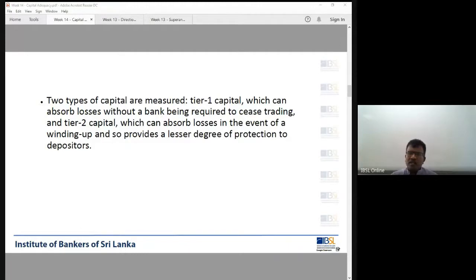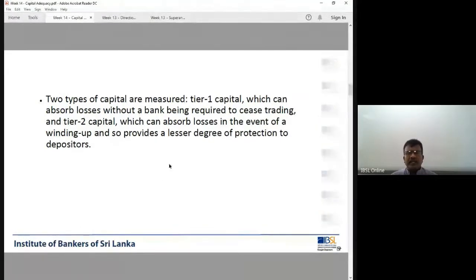Supplementary capital or tier 2 capital is the second category. Therefore, there are two categories.